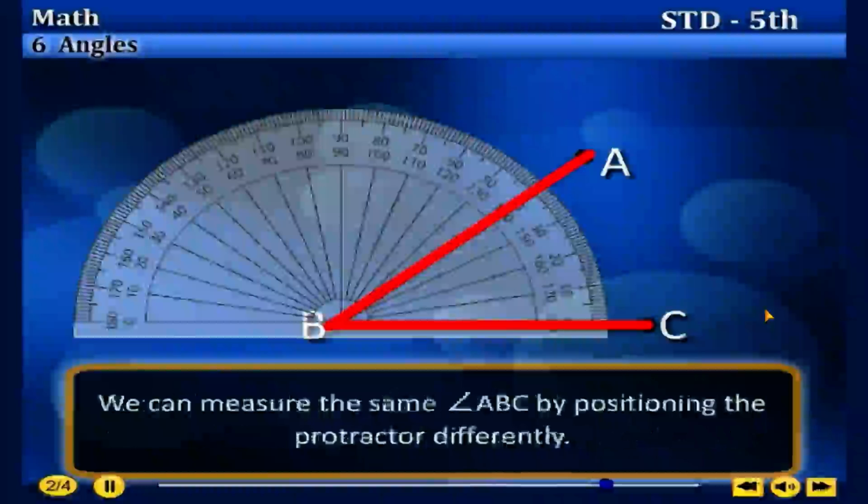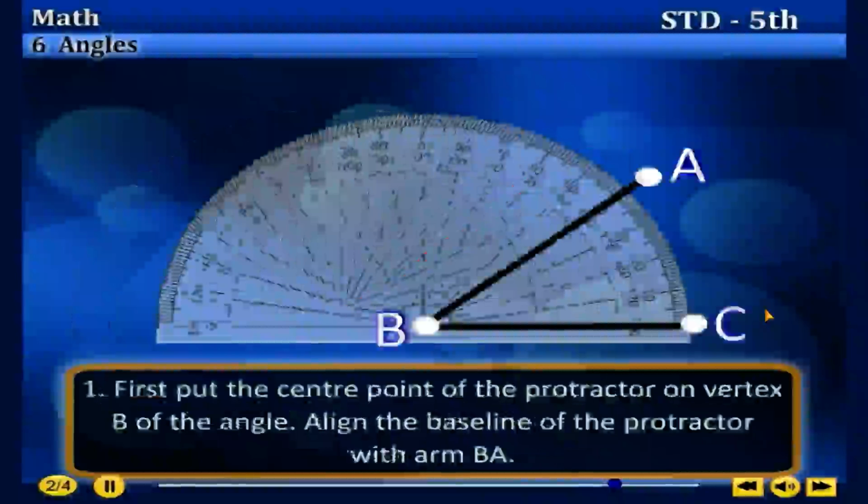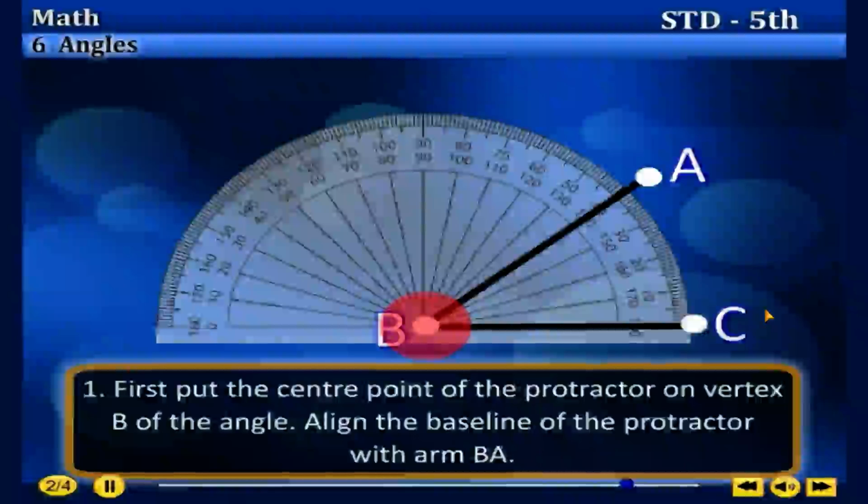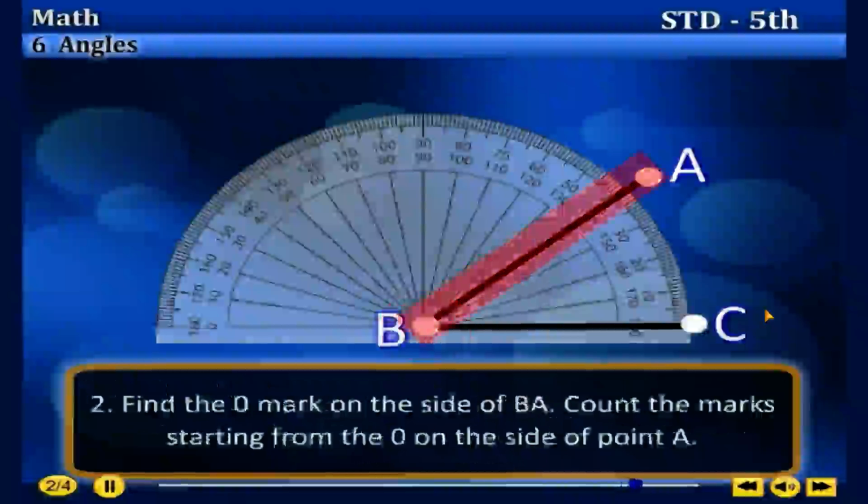We can measure the same angle ABC by positioning the protractor differently. First, put the center point of the protractor on vertex B of the angle. Align the baseline of the protractor with arm BA.